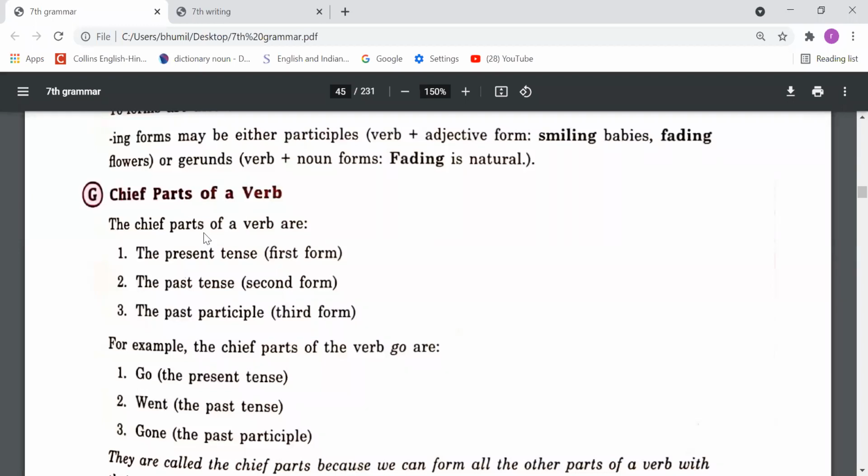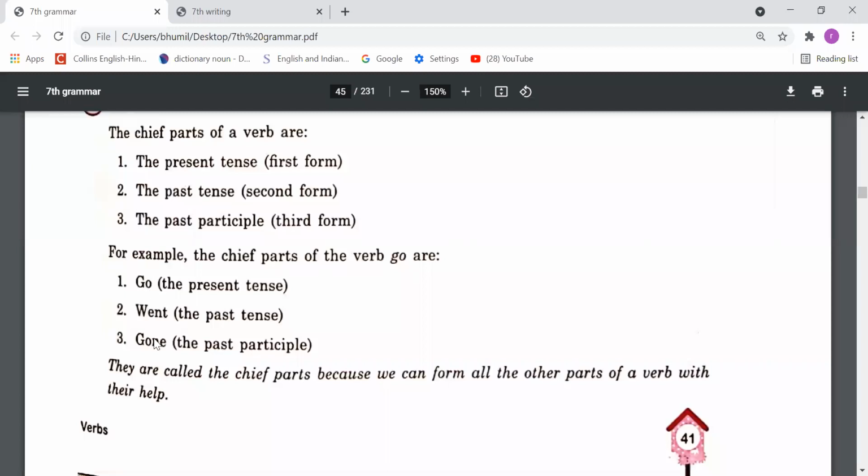The first form is the present form or present tense form. The second form is the past form or past tense form. The third form is the past participle form. Like go, went, gone: go is present, went is past form, and gone is past participle form.